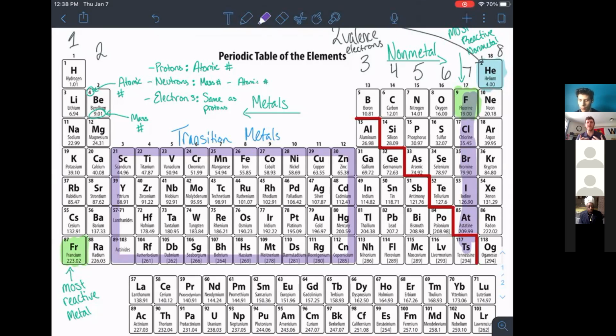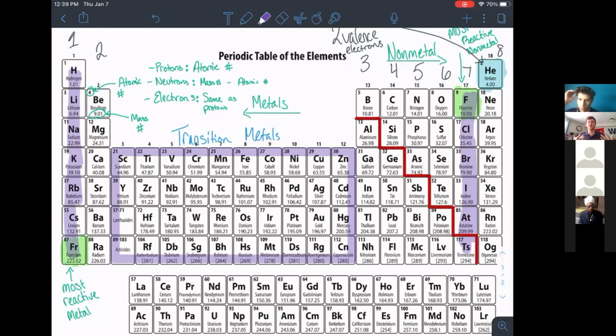They're one away from being happy and stable. These guys over here have one valence electron in their outermost shell. They have another shell that is a full valence shell, and they have one around that full shell. So if they get rid of that one electron, their outermost shell goes away and they have a full shell now.